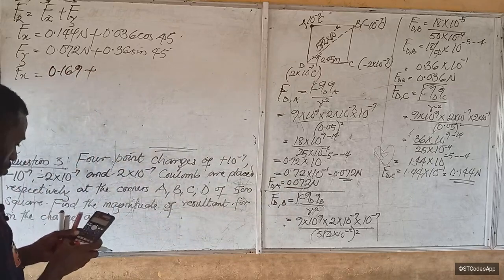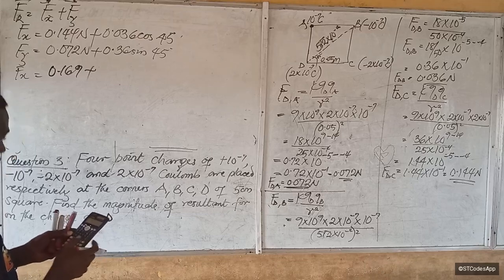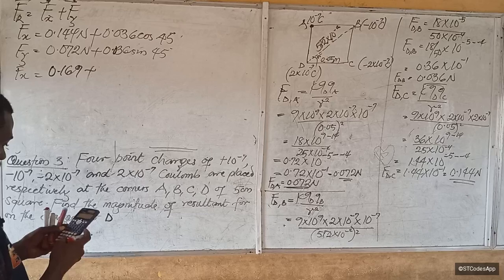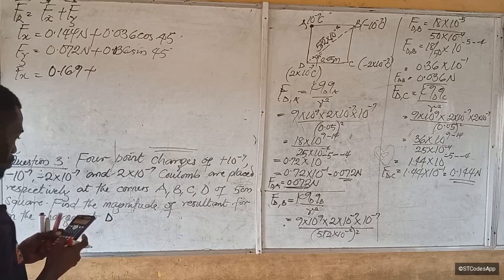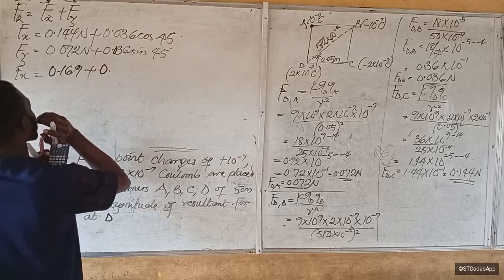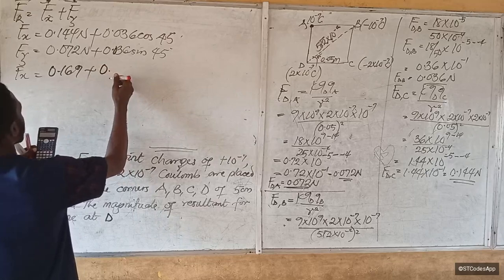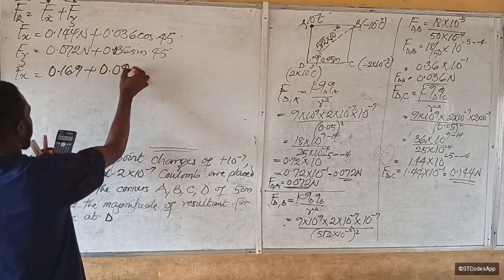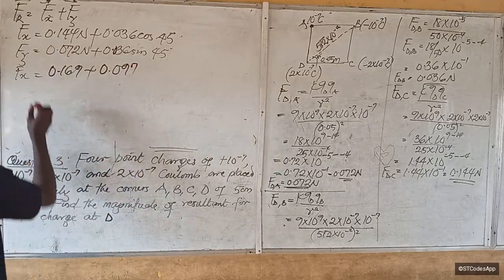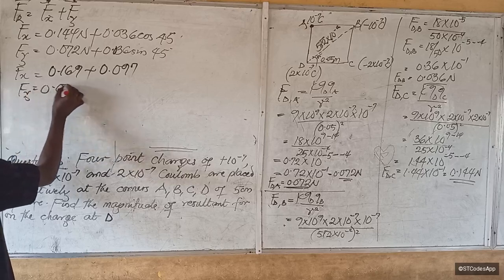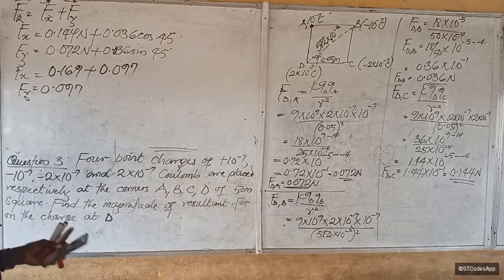Plus 0.036 sine 45 plus 0.072. That gives us 0.097. By the time we add that, F sub y is equal to 0.097. Okay?